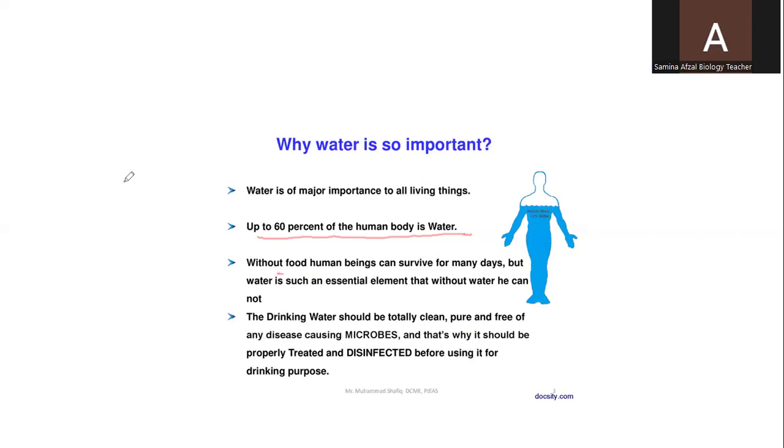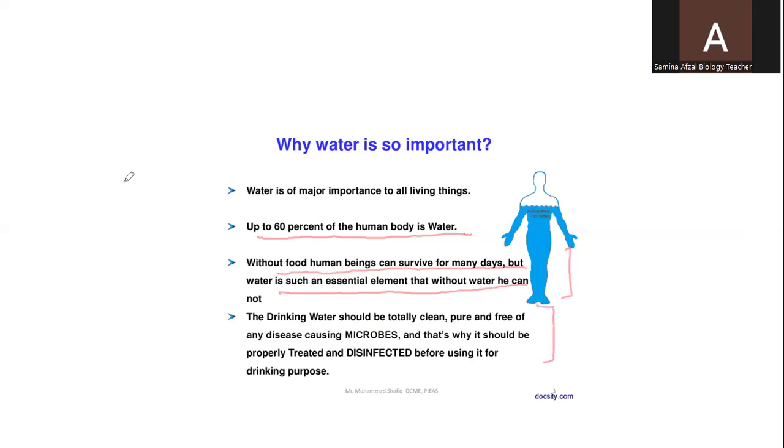Without food, human beings can survive for many days, but water is such an essential element that without it we cannot survive. Drinking water should be totally clean, pure, and free of any disease.